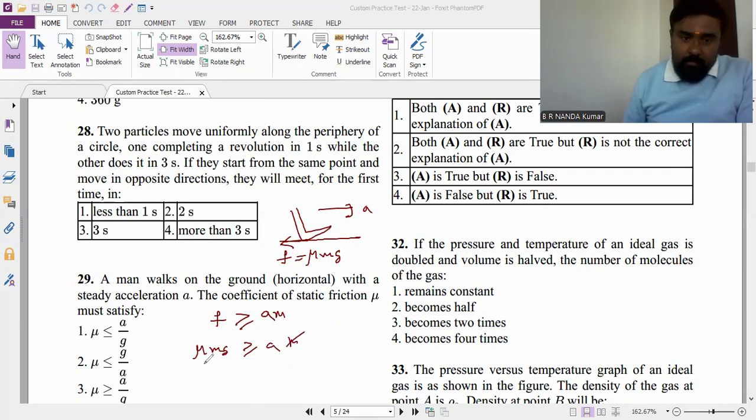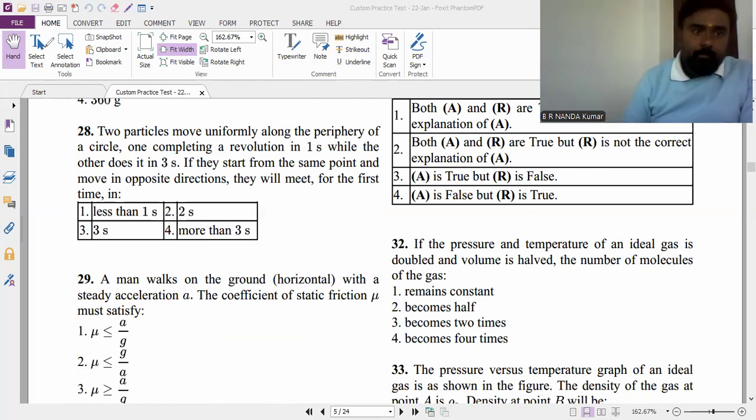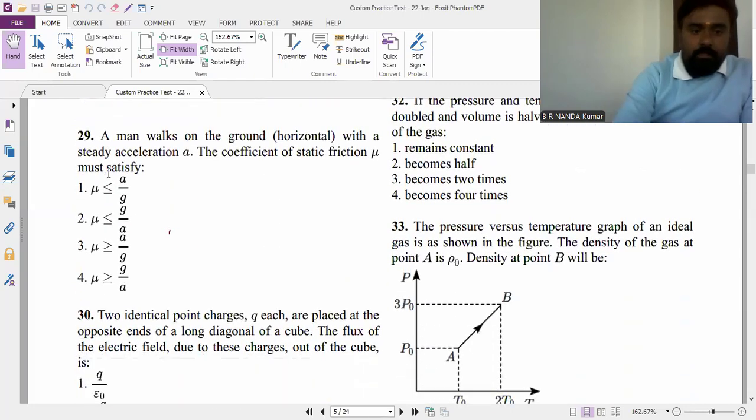So m cancels here. So mu is more than or equal to a by g. Third option. Mu is more than or equal to a by g. Third option is the right answer.